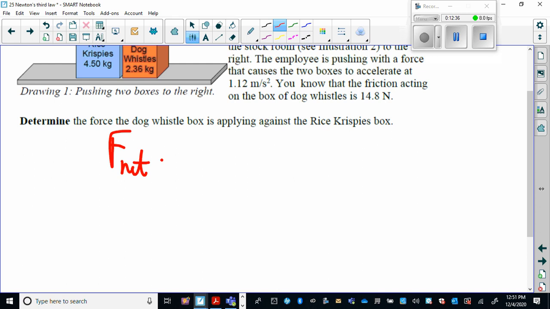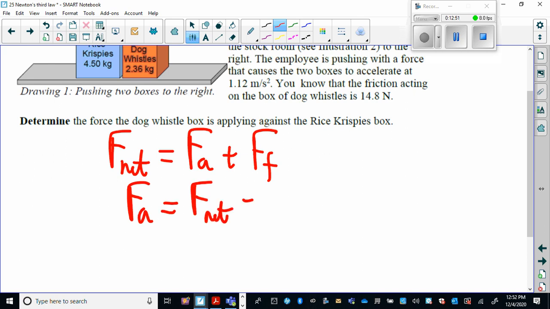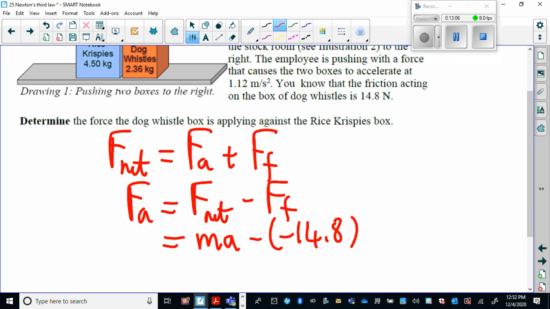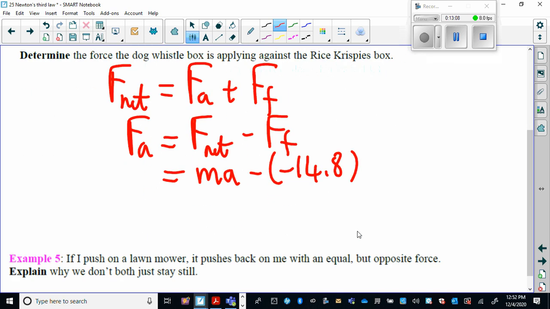In this one, we have the net force, and this time we have an applied force, and we have a force of friction. And what are we looking for here? We're looking for the applied force. The applied force equals the net force minus the force of friction. And the net force is ma. Force of friction is going to be negative 14.8. Again, I put it negative because I'm going to say that the net force is positive. And the only question I have to ask myself is, what do I use for the mass?